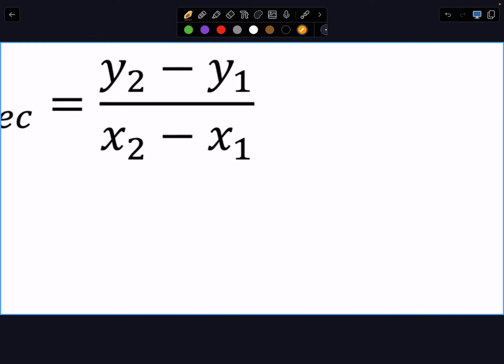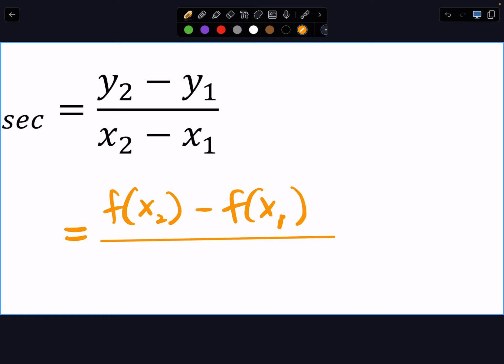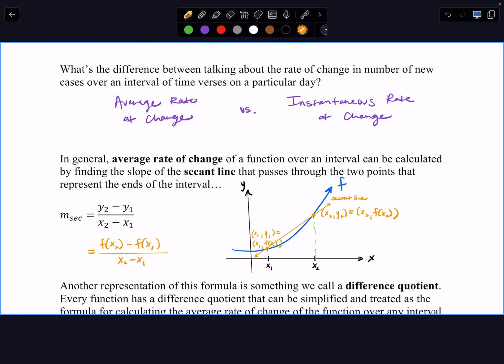If we rewrite this with function notation, it would look like this: f of x sub 2 minus f of x sub 1 over x sub 2 minus x sub 1. And here is where we will end, and we will pick up next time.